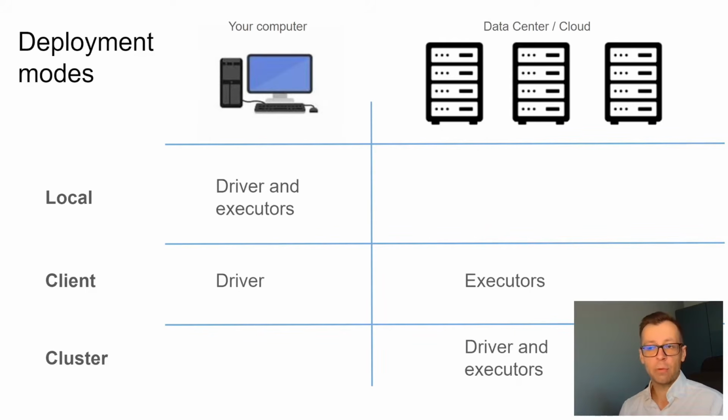And the third setup, which is the only one suitable for production workloads, is the cluster mode, which we were discussing so far, where a driver and executor sit in the data center or in the cloud, and that's another frequent question on the Databricks exams or Spark interviews.